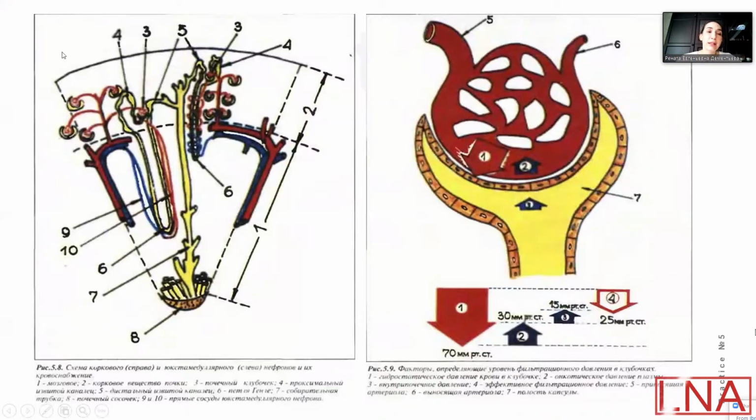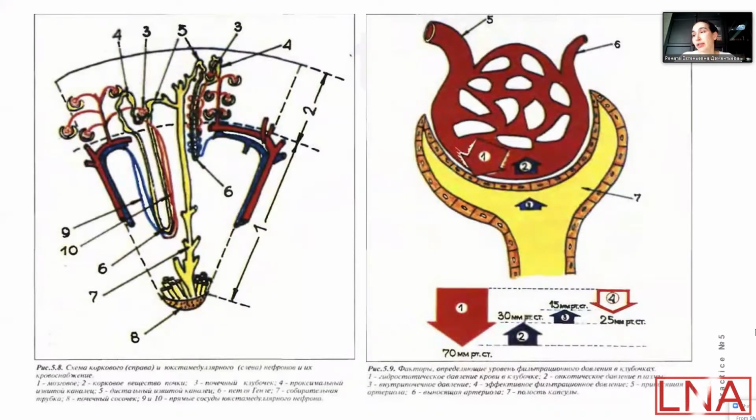As you can see, this is the structure of the juxtamedullary nephrons, which are shifted down into the medulla from the cortex. On this slide, you can also see the glomerulus and the Bowman-Shumlyansky capsule. And I told you that hydrostatic pressure plays an important role in filtration pressure.